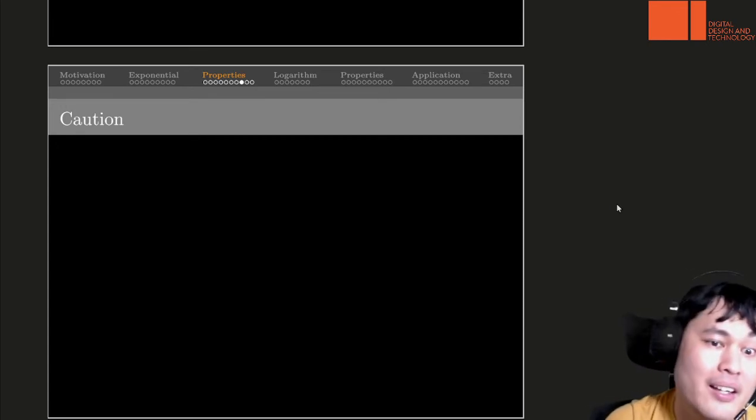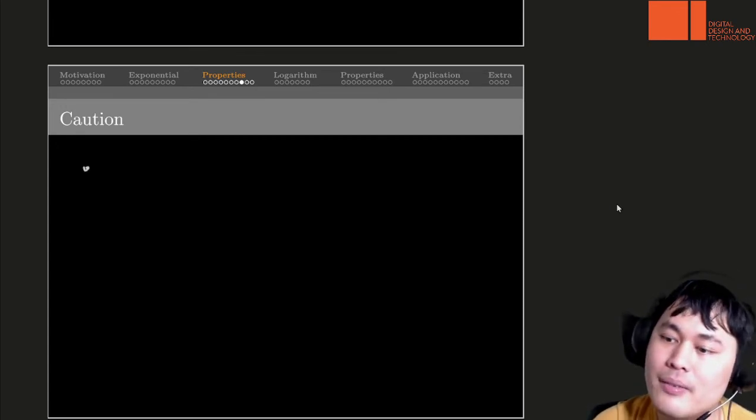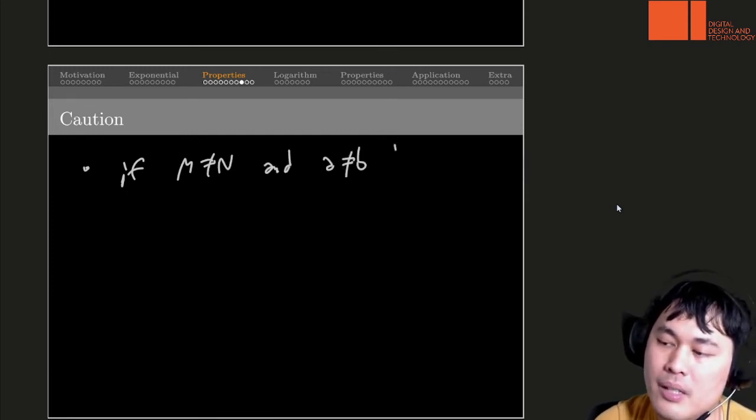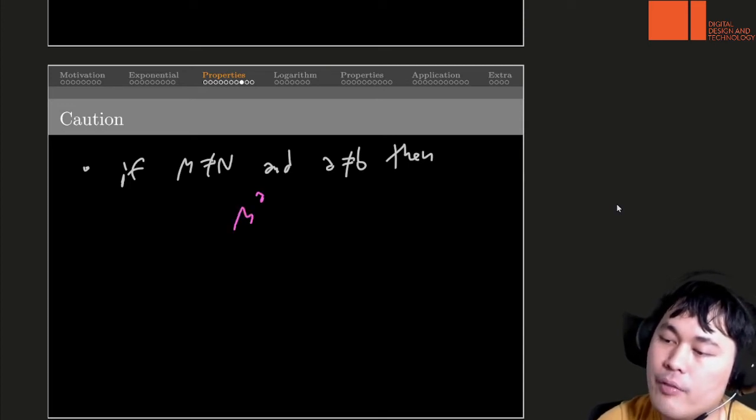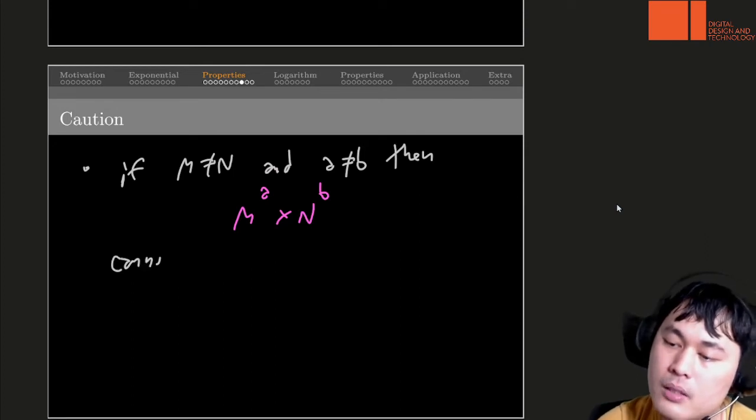Okay, there are 2. First, if m is not the same as n and a is not the same as b, then if you have m to the power of a times n to the power of b, these two cannot be simplified.